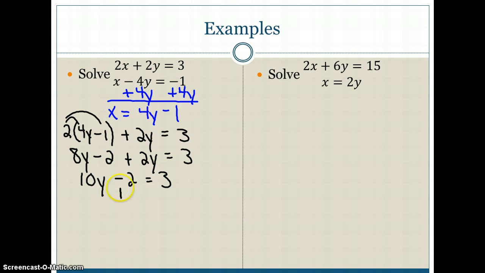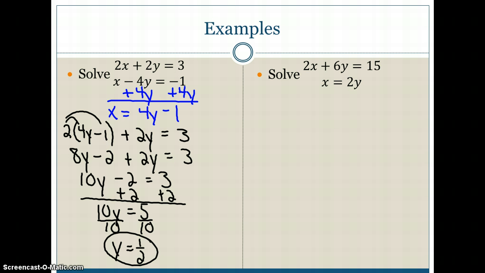From here, we'll need to add 2 to both sides. 10y is equal to 5. And we divide both sides by 10. We get y is equal to 1/2. So we'll need that as part of our solution. From here, we come back and substitute that into this x equals 4y minus 1.